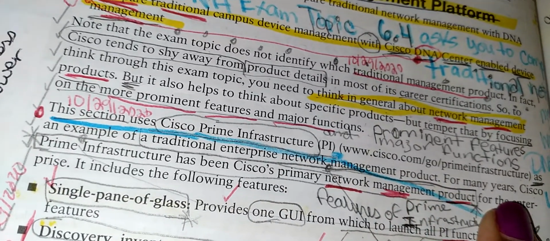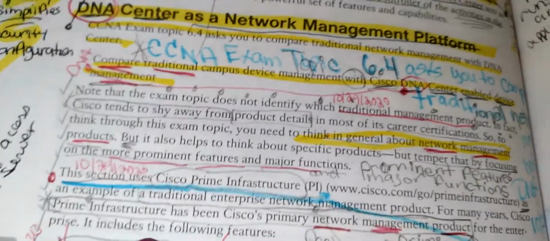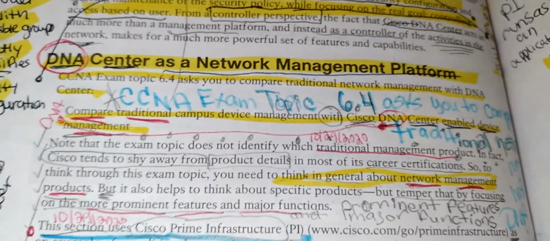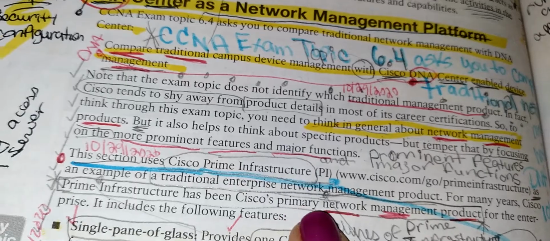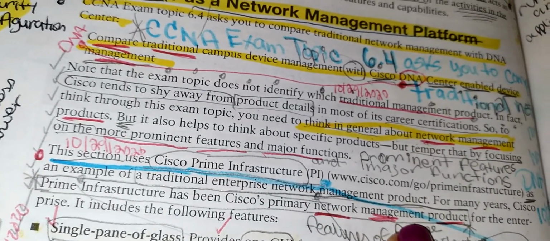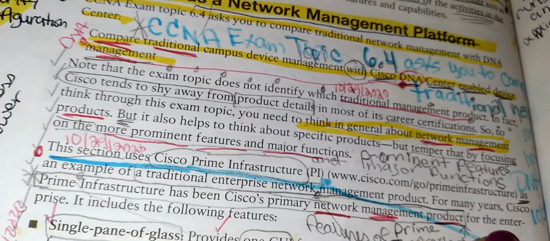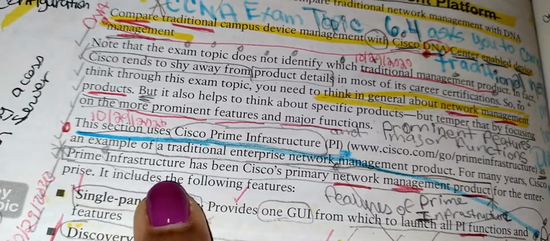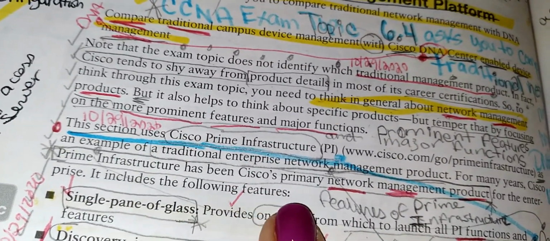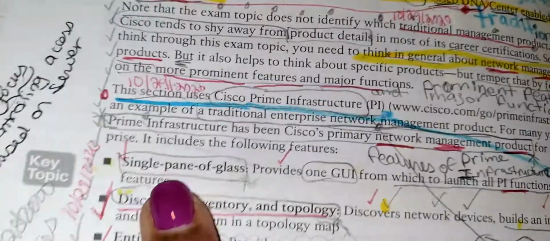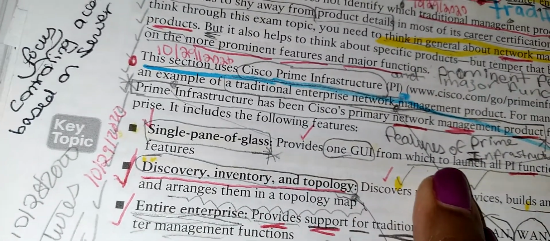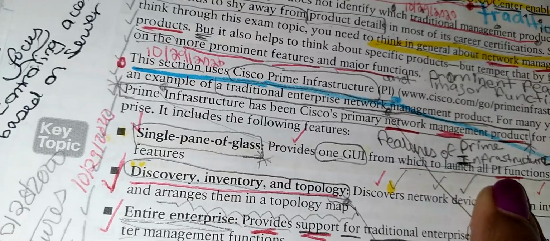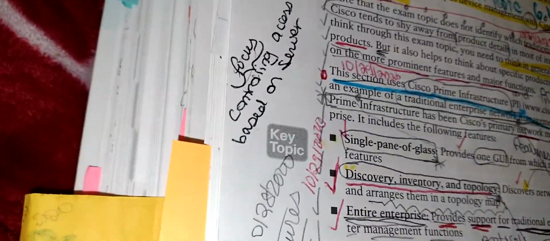For many years, Cisco Prime Infrastructure has been Cisco's primary network management product for the enterprise. It includes the following features as well. Single pane of glass provides the GUI from which to launch all PI functions.